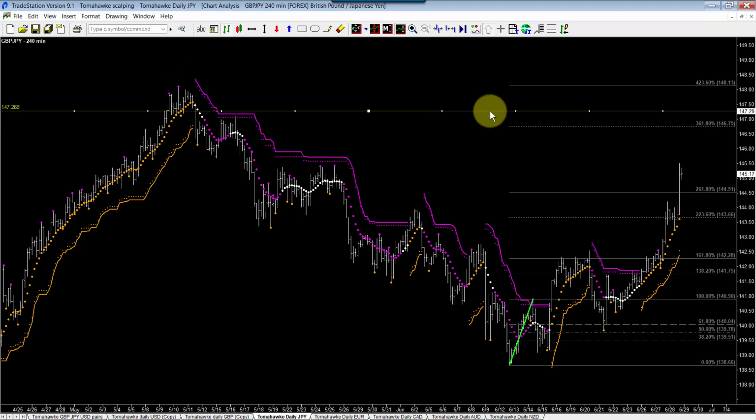So very much looking for this price now to target this 423 level. Now in doing so, I don't think it will go in one smooth run like this, although it may. It's more likely to have a few pullbacks within this path of strength.